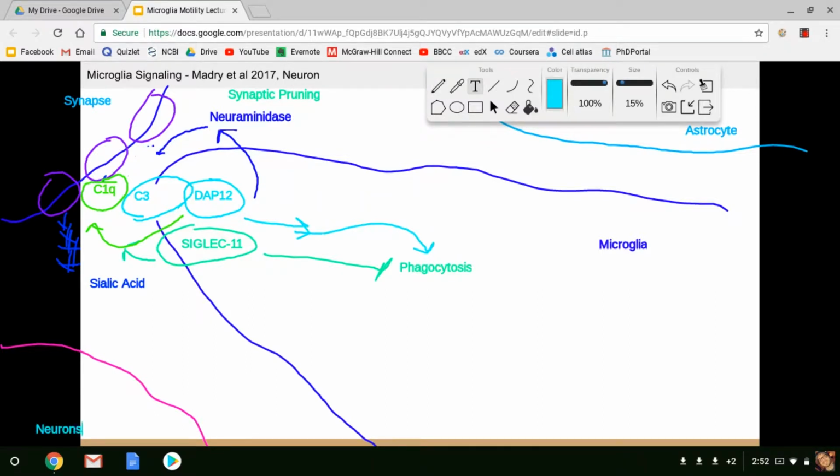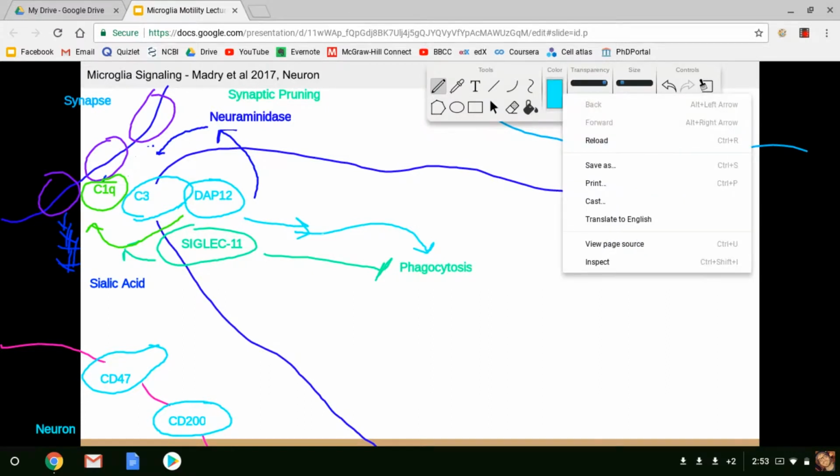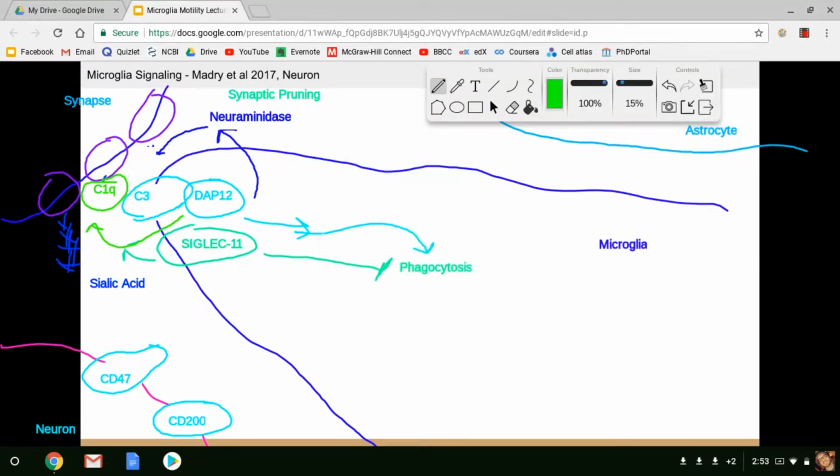Neurons, say this is a neuronal cell body or something. Neuronal cell bodies express two main don't eat me proteins. One is called CD47, very important. The other one is called CD200. And these are so-called don't eat me signals because they bind to receptors on microglia and basically inhibit phagocytosis.